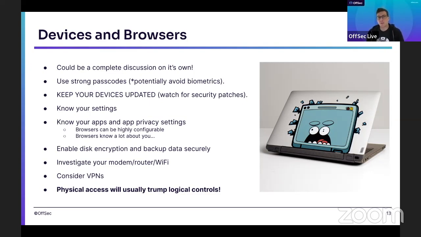One level up from your devices is typically where you're getting your internet. So your modem, your router, your Wi-Fi. This is also another really interesting thing that you can audit. This is your gateway to the internet. There's a couple things there, making sure that your modems or your routers are updated, that your Wi-Fi uses good passwords. A lot of people don't associate password management with their Wi-Fi, but you want to make sure that you know what's on your wireless network, and have that be a safe place.